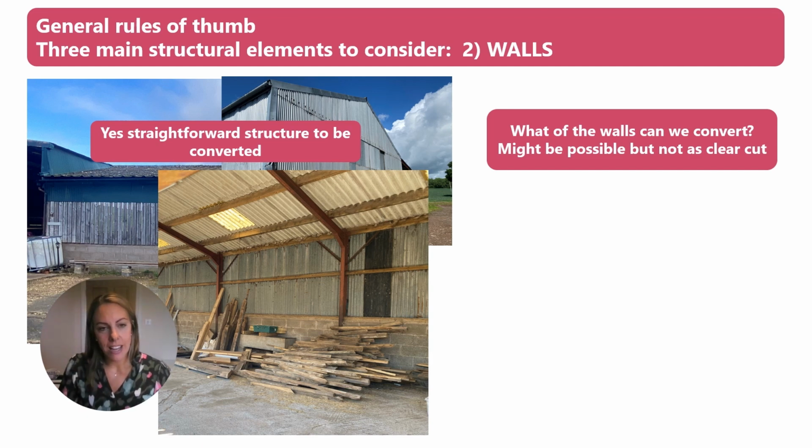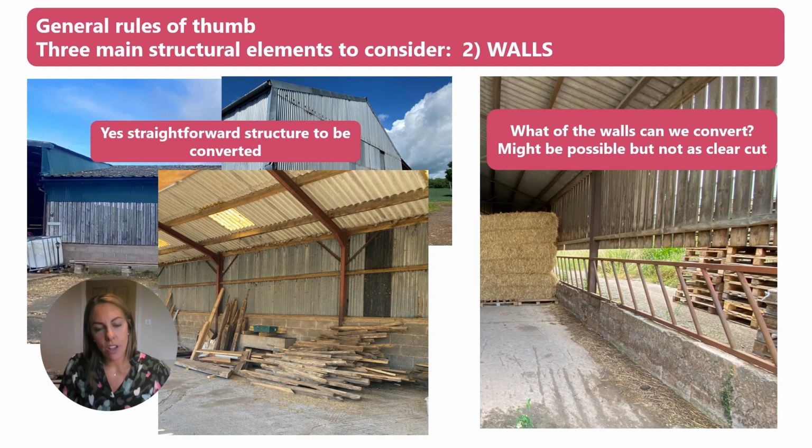Where it hasn't got any cladding, or it's an alternative, that's not impossible, but we're getting into slightly trickier realms here. How are we going to convert this? It has still got some base, so again, that's not impossible. If it didn't have that little breeze block wall on the bottom and just had cattle barriers, feed barriers, that would be quite difficult, because you'd be having to install new structural walls.